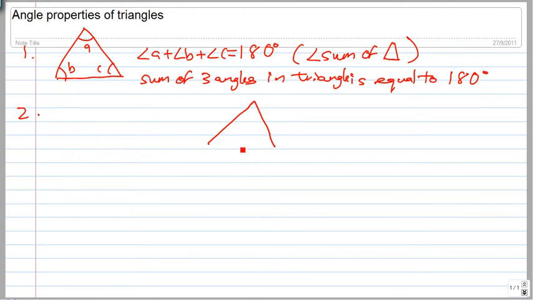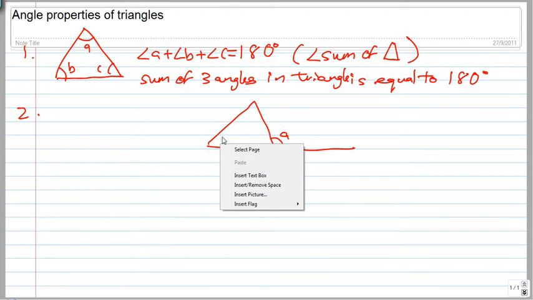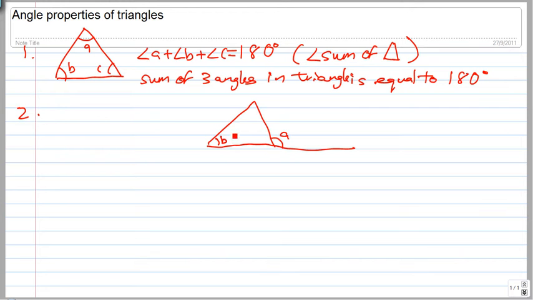Second, say you have got a triangle like that. If this is A and this is B and this is C, we say that angle A is equal to angle B plus angle C. Why?